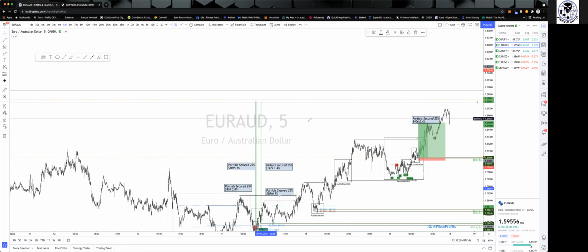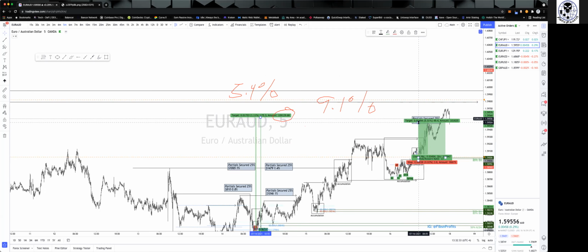And I'm sitting, ultimately, if we bring this right back down, I am sitting at 5.4% in profit here. So 5.4 of volume I'm holding. This one here is sitting at 9.1% volume. And again, I am holding at this level here.